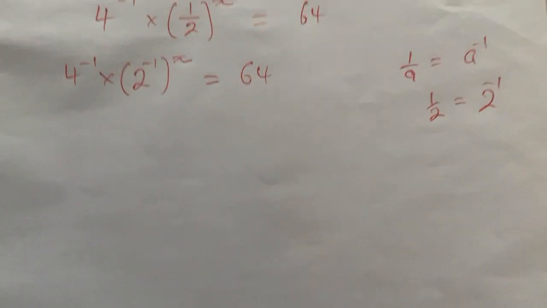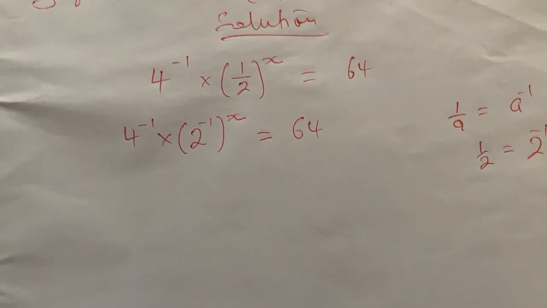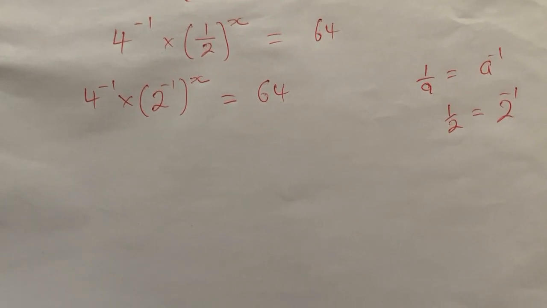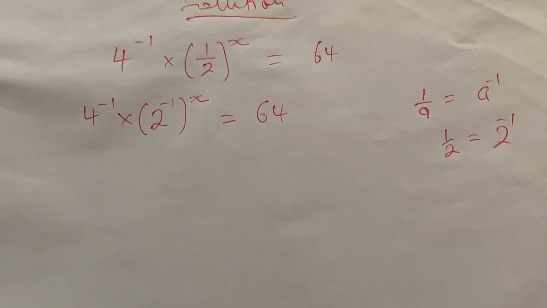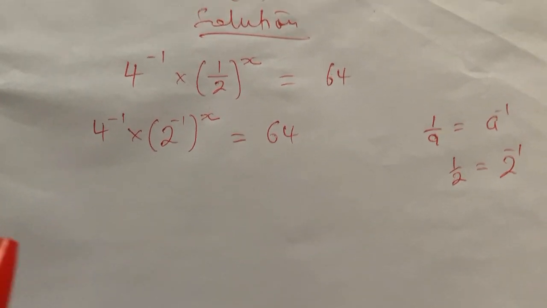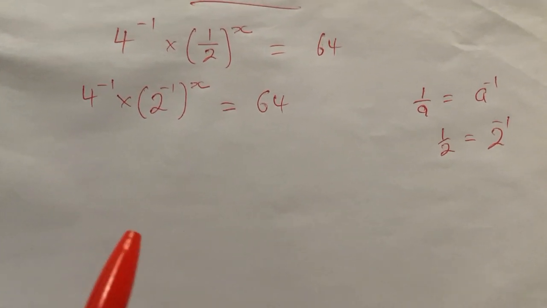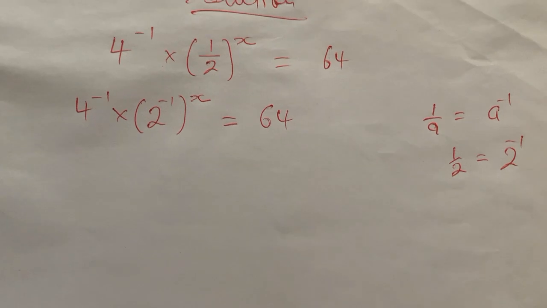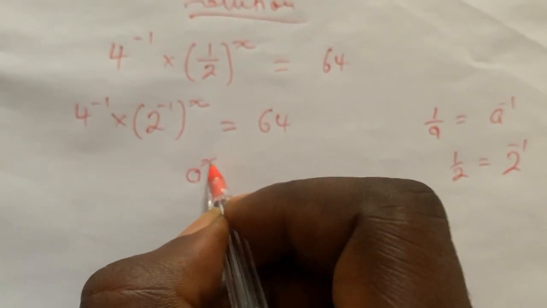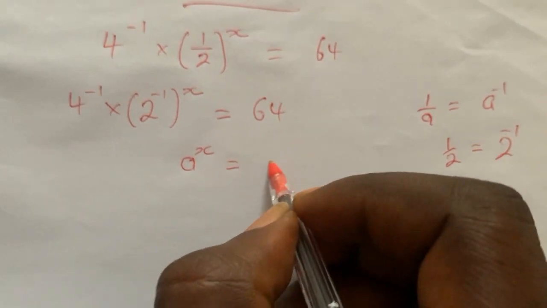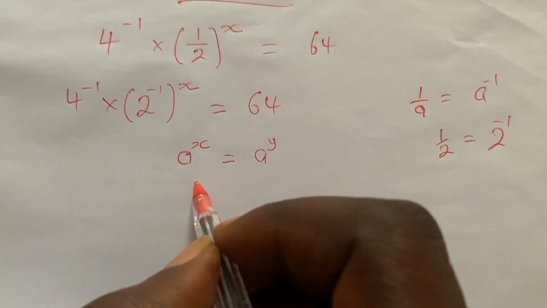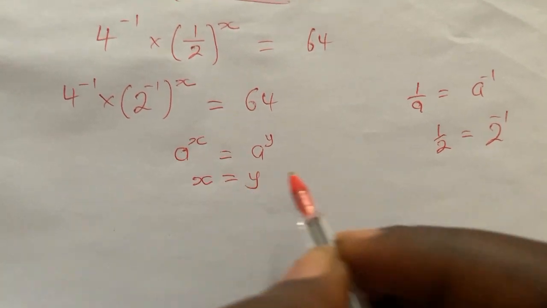Right. Now, in solving exponential equations, what we're trying to look for is the variable in the equation, right? So it's the x that we are solving for in this exponential equation. And in solving exponential equations, we say that if a raised to the power x is equal to a raised to the power y, then x is equal to y.